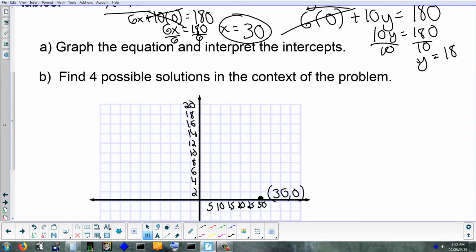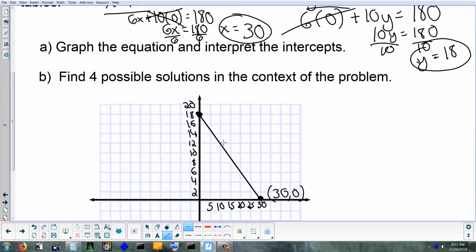All right. Bethany, how would I graph the y-intercept? You put on the line of 18. Yeah, go all the way up to 18. Put a dot. Do you know what coordinate that is? Because for the x, it was 30, 0. What about for the y? 18. Almost. Flip it. 0, 18.